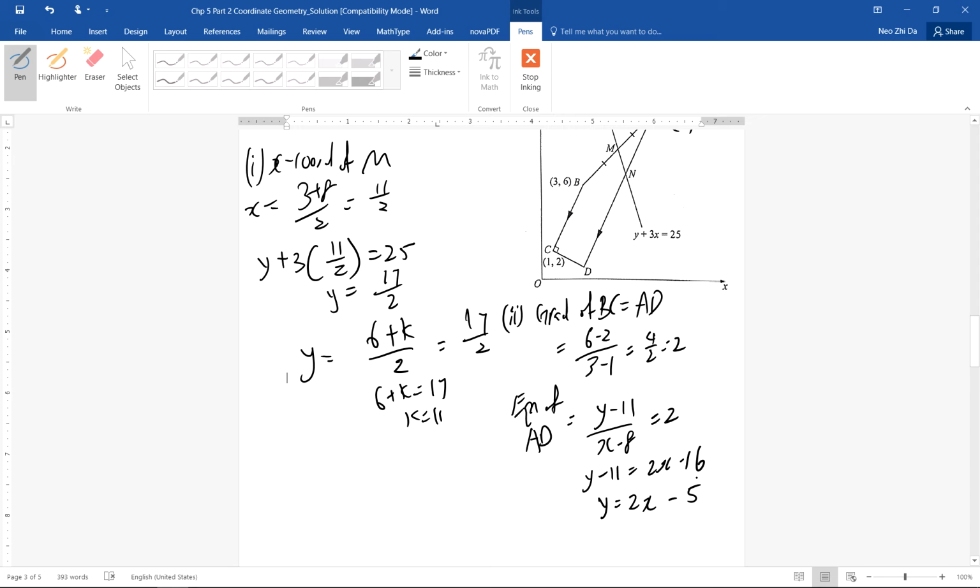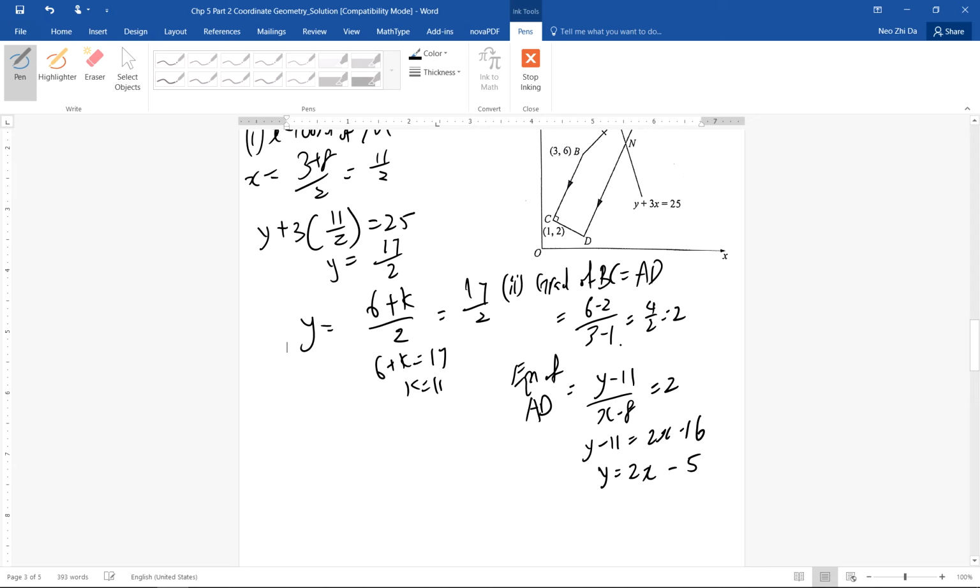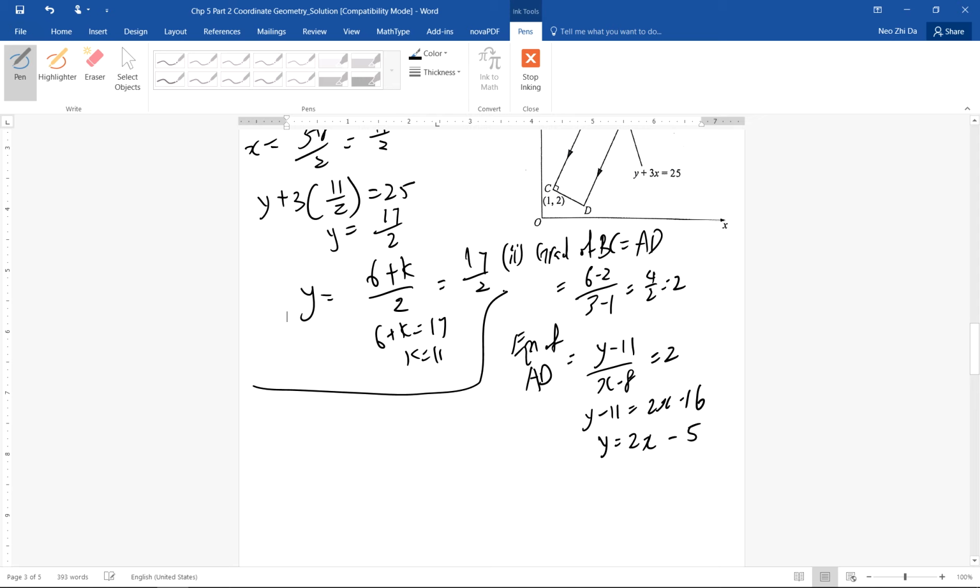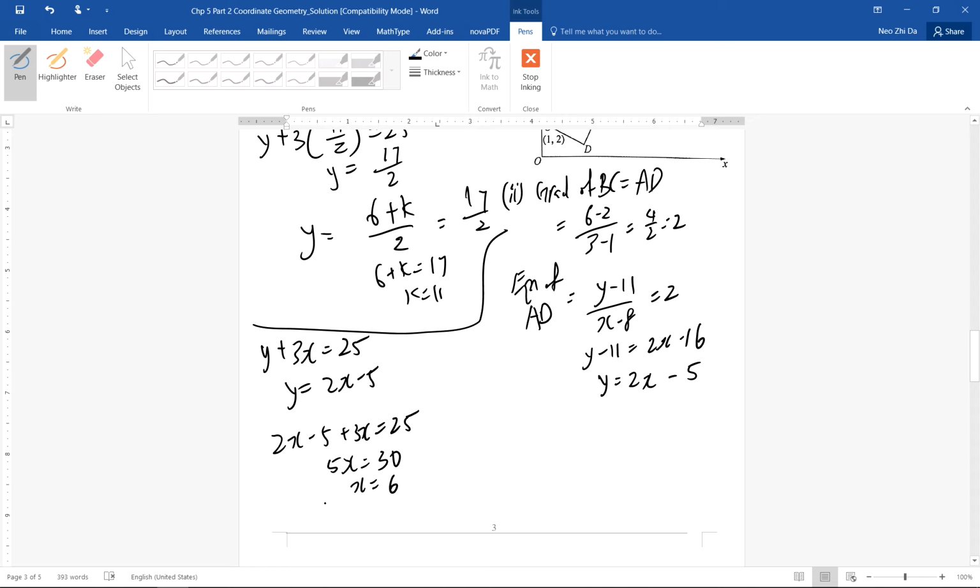Now with this, perform simultaneous equation to find the coordinates of N. Since we arrive at x equals 6, finding y, we get 6, 7. This will be your N coordinate.